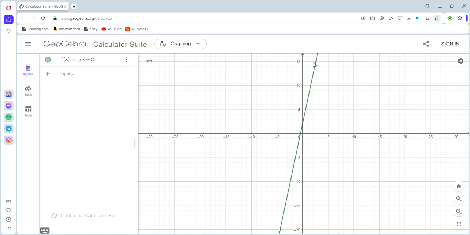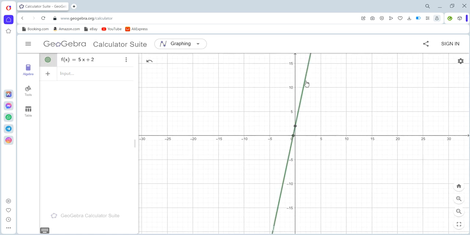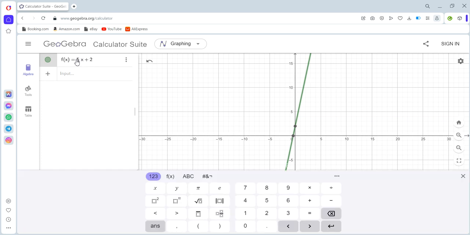As the coefficient of x is increasing, this function is gonna approach the y-axis, to this axis, as you see. Let's see another function, g of x equals minus 5x plus 1 plus 2.